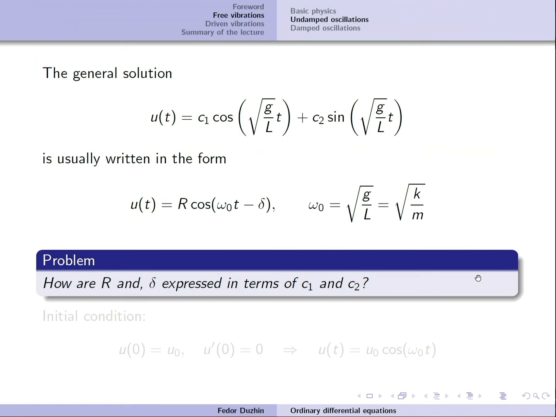What is delta, by the way? Delta is the phase, R is the amplitude, omega is frequency. Anyway, I suggest that you try to figure it out, or you Google it and share via the online discussion board.